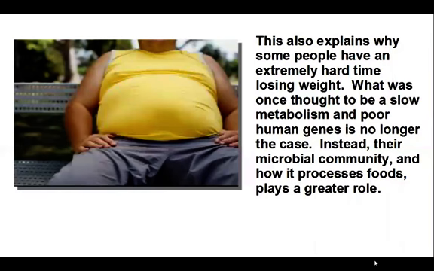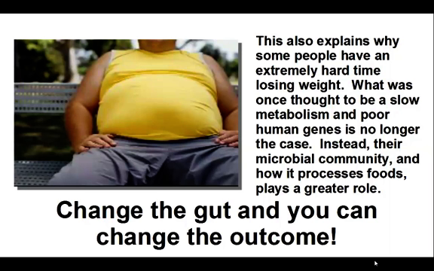This also explains why some people have an extremely hard time losing weight. What was once thought to be a slow metabolism and poor human genes is no longer the case. Instead, their microbial community and how it processes foods plays a greater role. Change the gut, and you change the outcome.